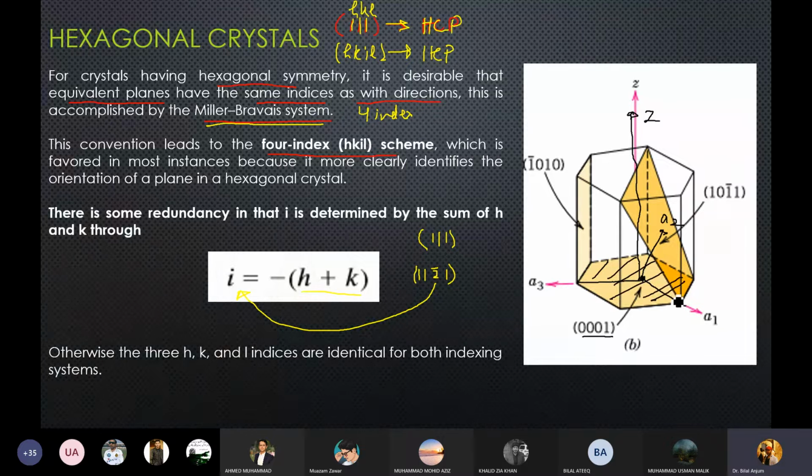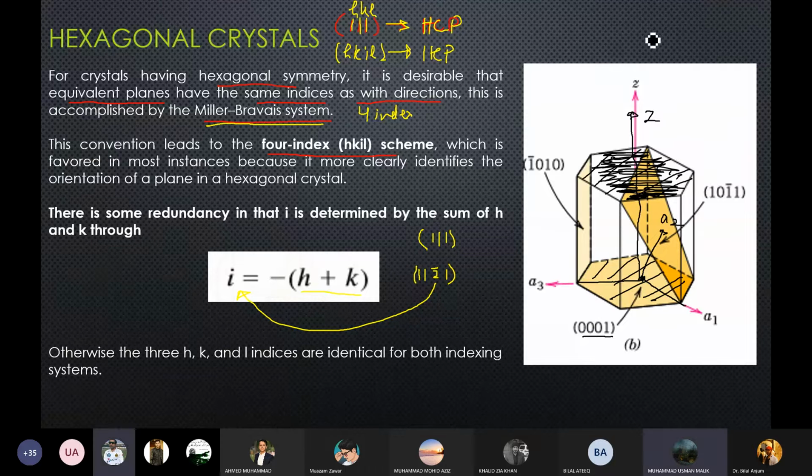If you look at this plane, is the plane passing through the origin? Yes, sir. So you will have to move the plane or the origin. I find it easier to move the plane. So I'll move the plane upwards by a complete unit cell dimension. Once this plane is moved upwards, is it intersecting any of the positive axes A1, A2, A3?